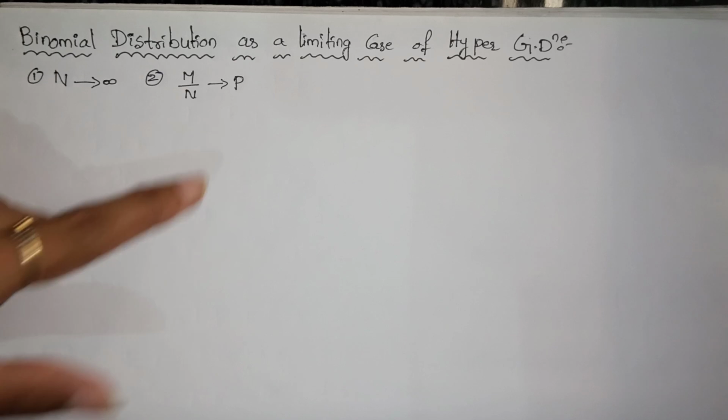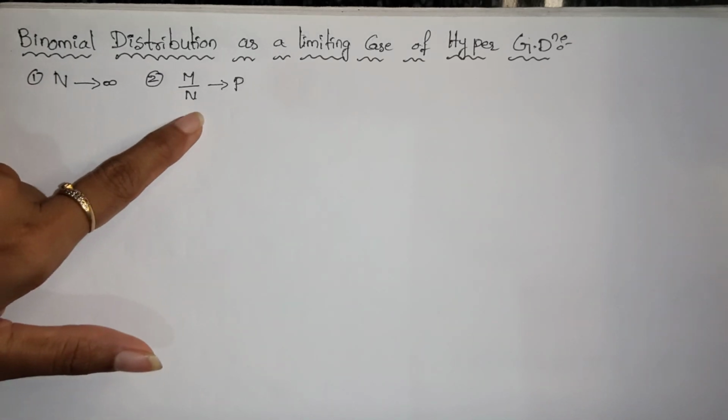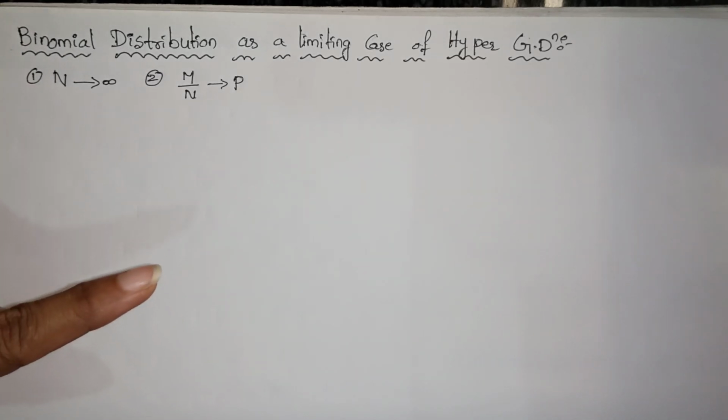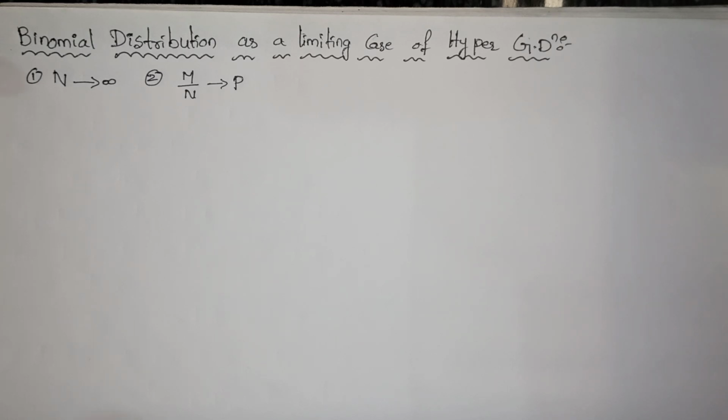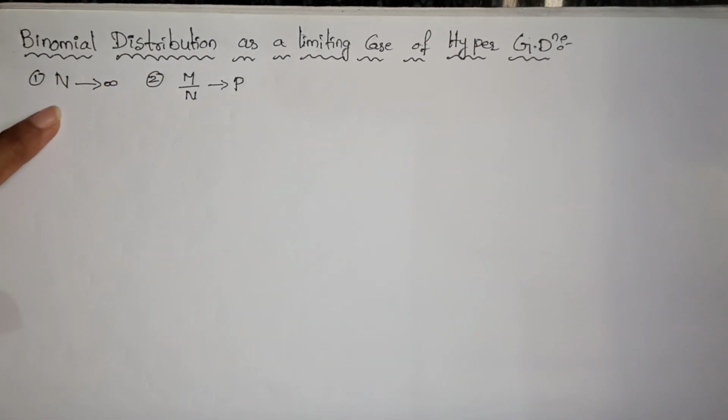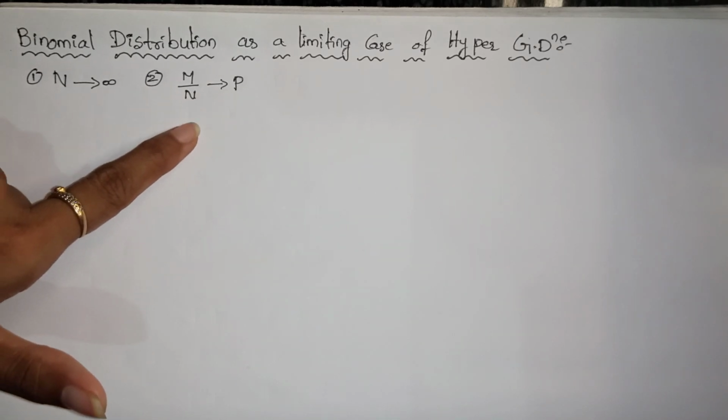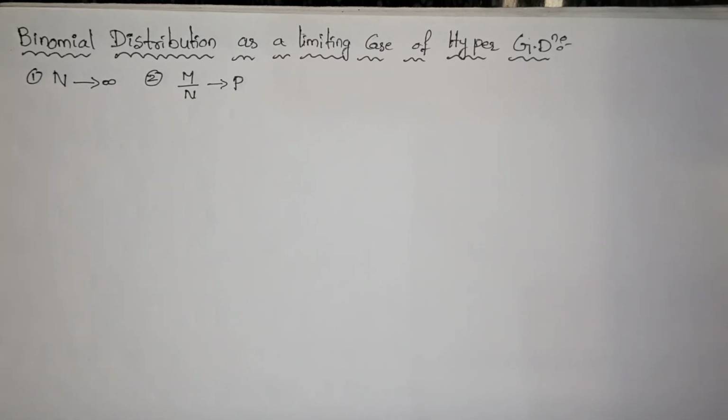If we follow these conditions only, then the hypergeometric distribution has a limiting case of binomial distribution. That means hypergeometric distribution turns to binomial distribution when capital N turns to infinity and M by N turns to p. Now let us see how it happens.